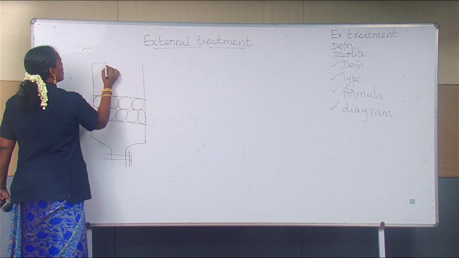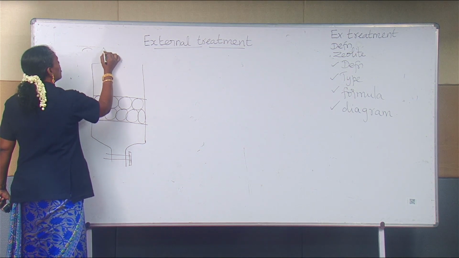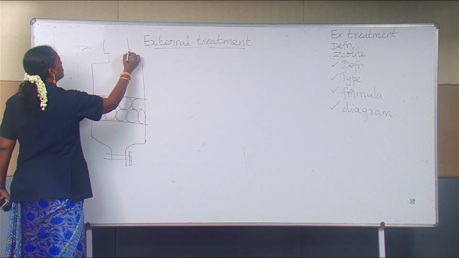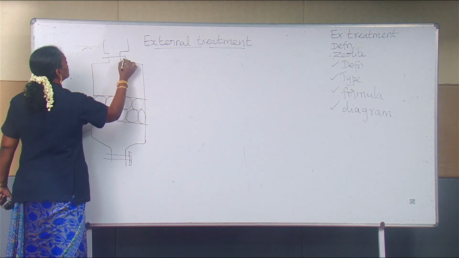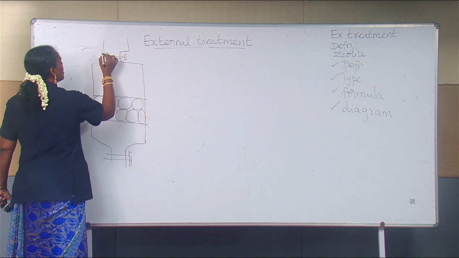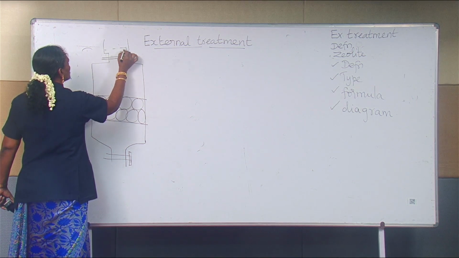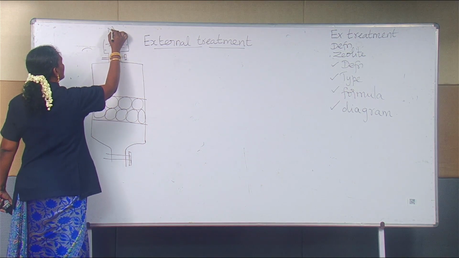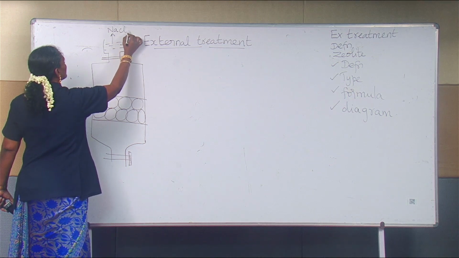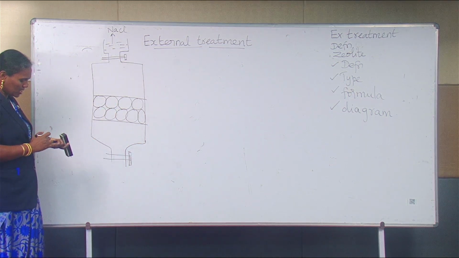Then at the top we have one regenerative column. At the top also we have sodium chloride. Any diagram you draw, you must mark the parts also, then it is easy for us.